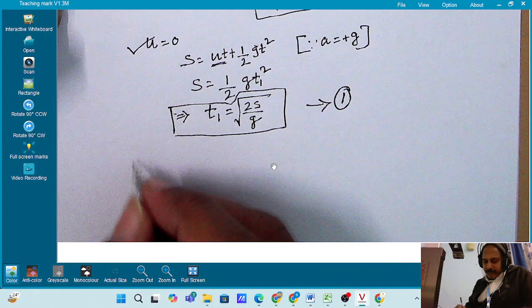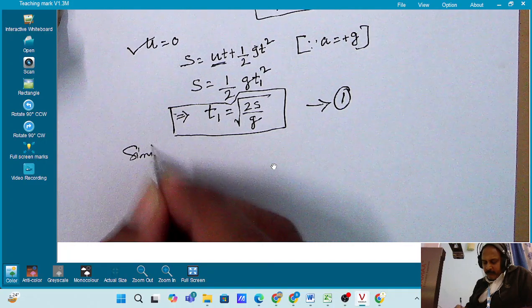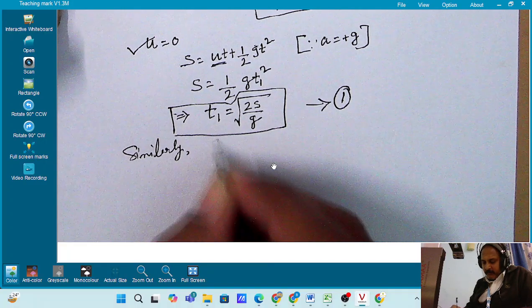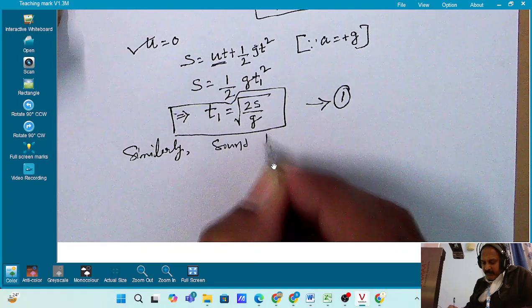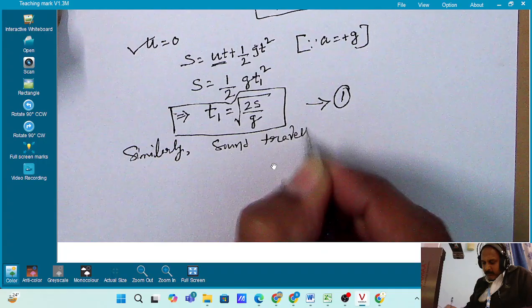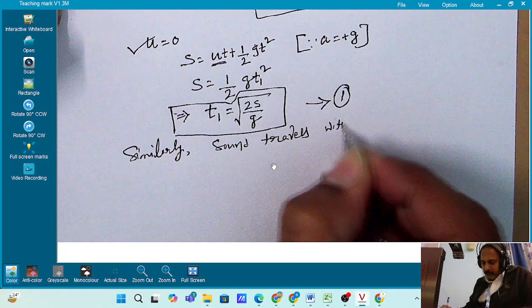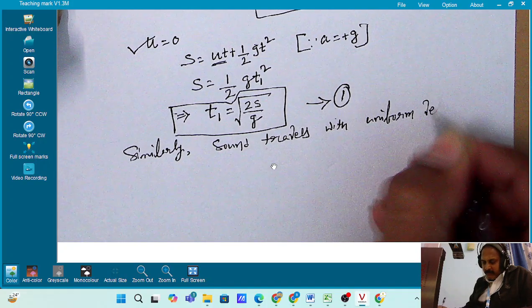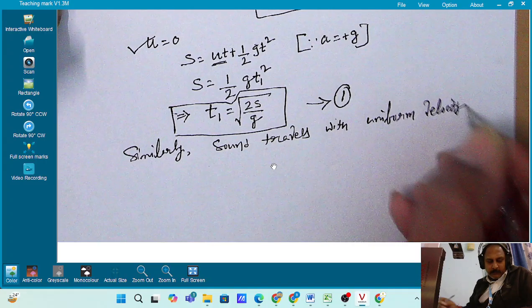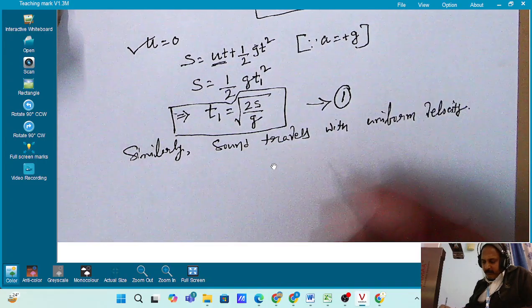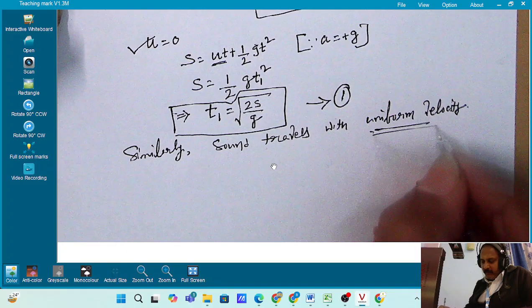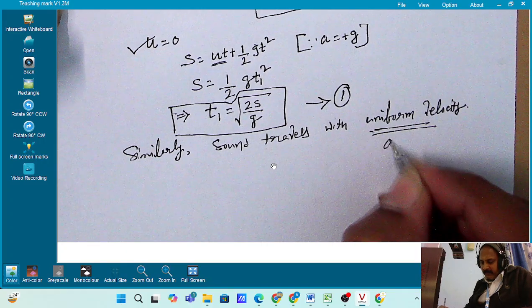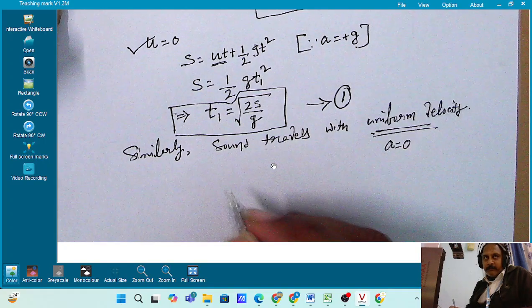Now similarly, we all know that sound travels with uniform velocity. Uniform velocity means acceleration is 0.